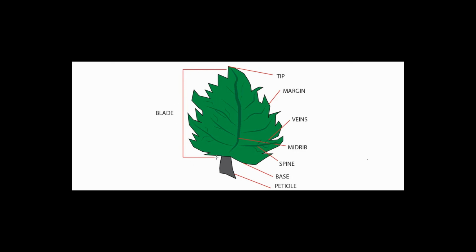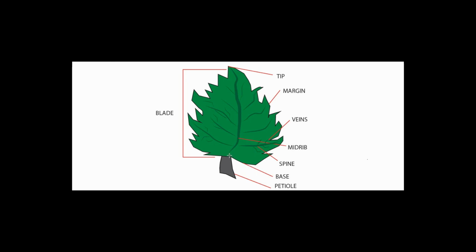It covers the edges of this whole leaf. In this lower portion, this is termed the petiole. It is attached to the stem. And this particular portion of the leaf is termed the base.